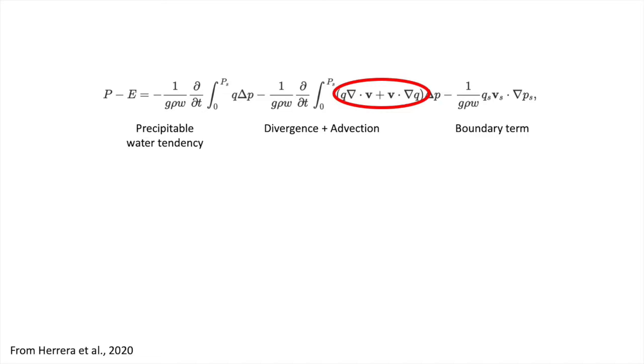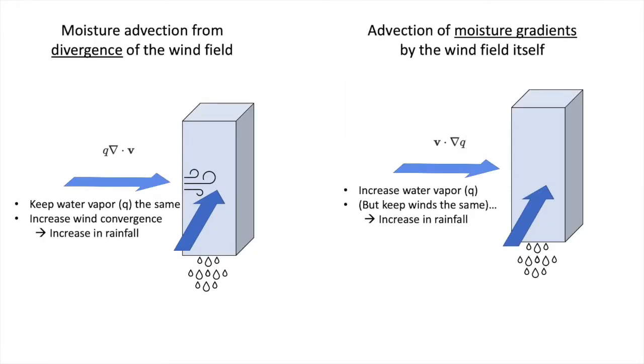And what it gives us is two different terms inside the parentheses here that correspond to two different types of processes in the advection of moisture through the atmosphere. The first one is Q times the gradient of the wind field, so this is really Q times the wind divergence.